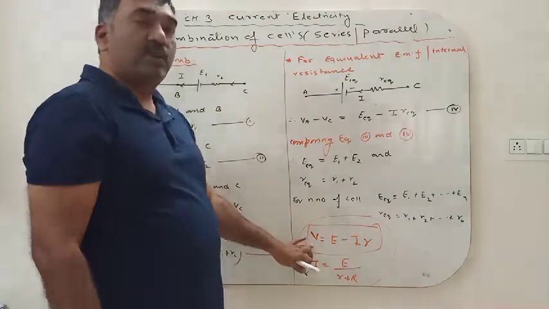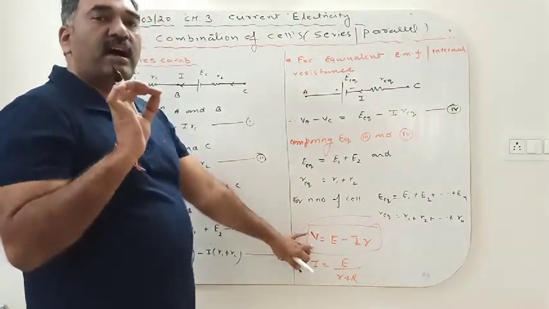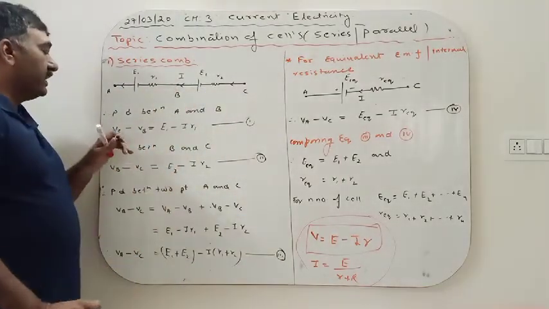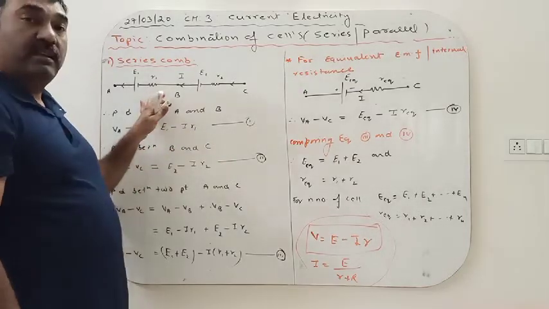Because the cells are in series, the same current I passes through both E1 and E2. So VA minus VB is equal to E1 minus IR1 for the first cell.